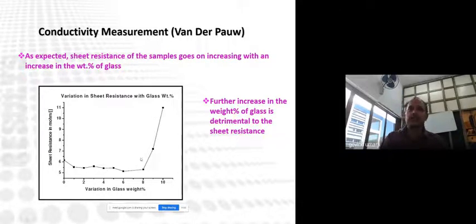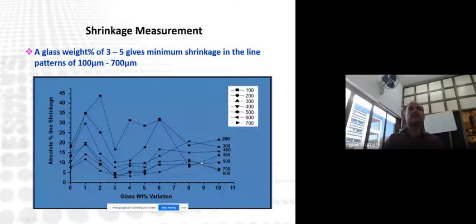Of course, if you increase the glass content, your resistance increases, and that is not good from the electrical conductivity point of view. One more study we have to do is to find out the shrinkage, because when the organic burns, the glass also shrinks when it comes to melting and then cooling.